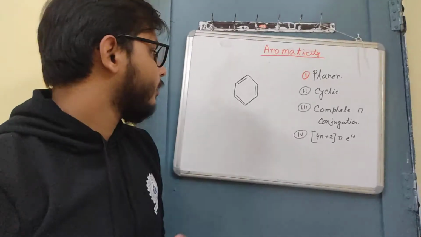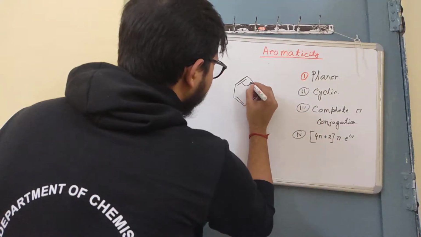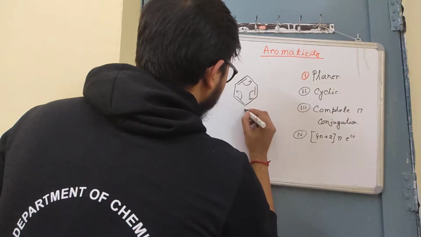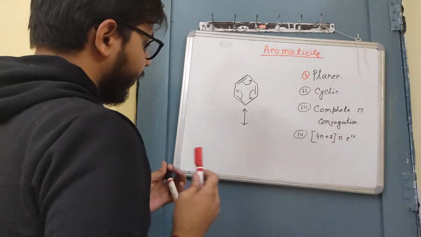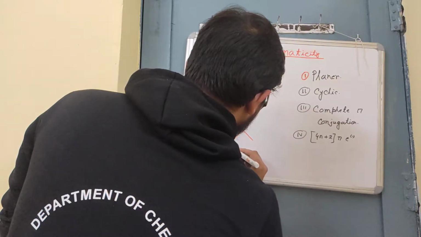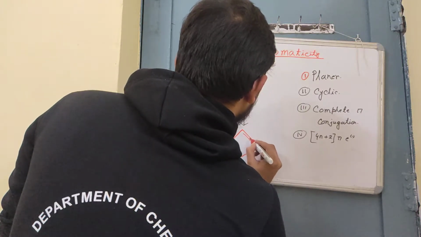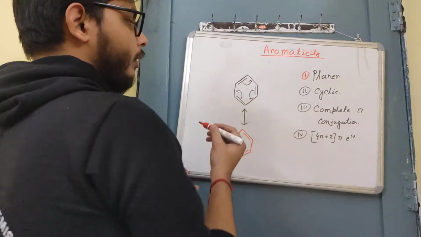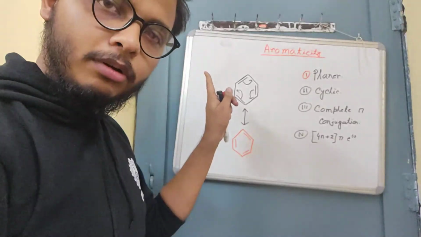Complete pi conjugation: now, if the pi bonds can relocate here, here, and here, that means we can get this. Look, all of the pi bonds can relocate throughout the molecule, right?